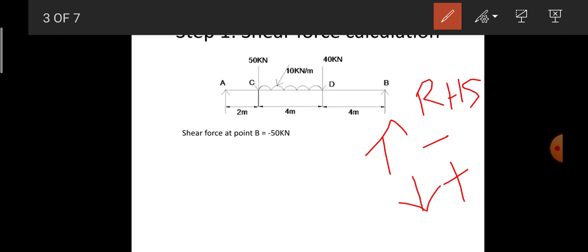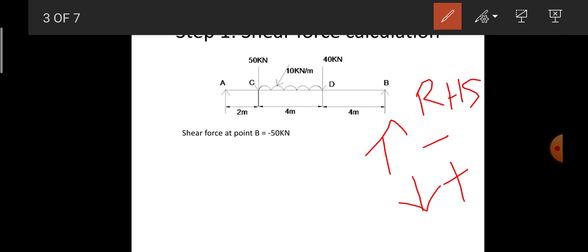So therefore I just start from the right hand side direction. Shear force at point B: while calculating the shear force, we take the force acting at that point plus the force acting at the previous point.